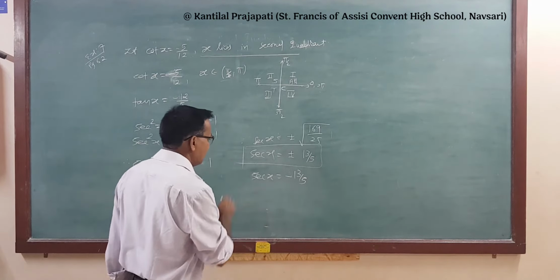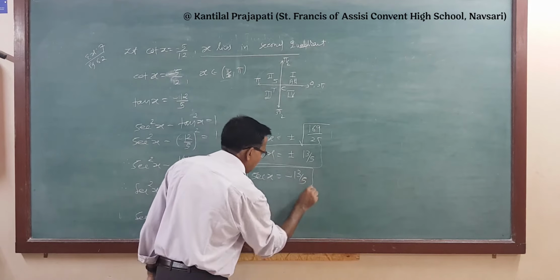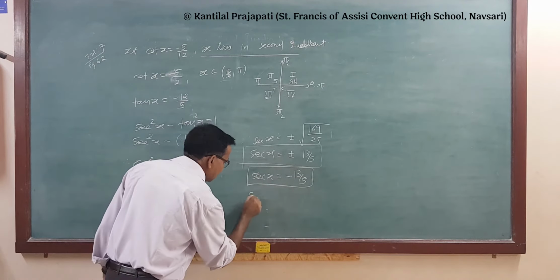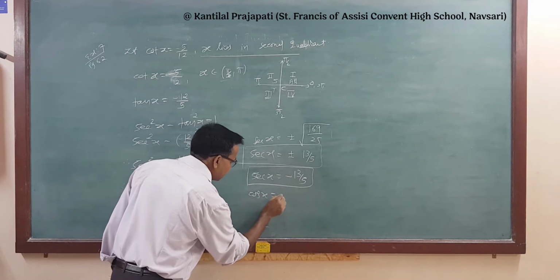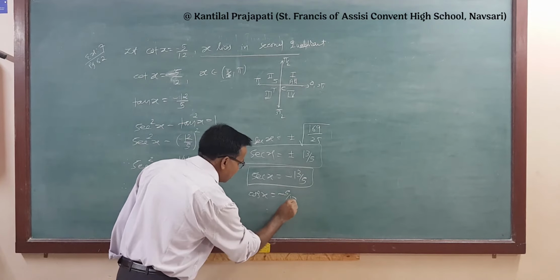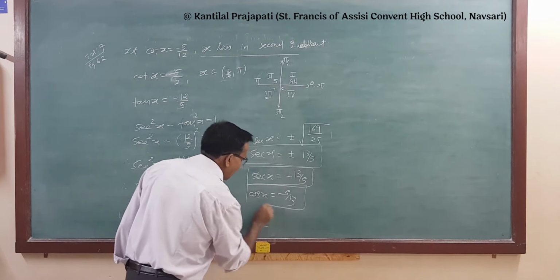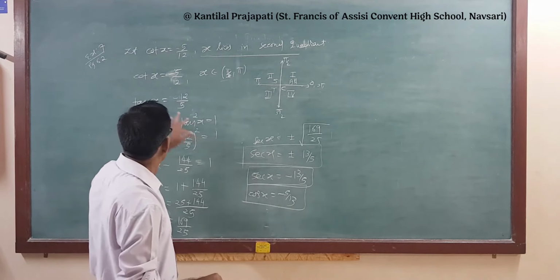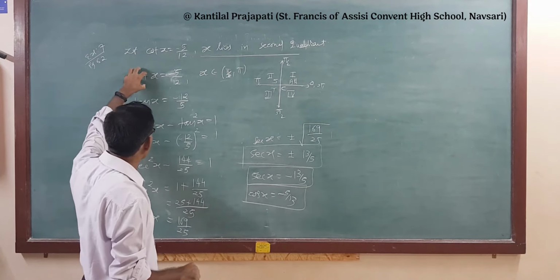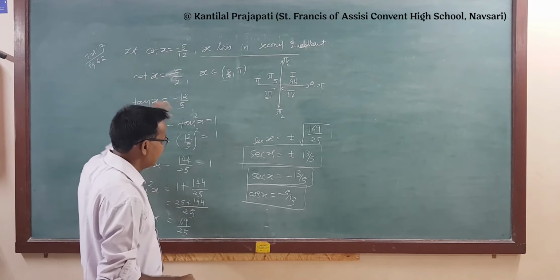Now very simple: the reciprocal of sec x is cos x. So cos x is minus 5 upon 13.